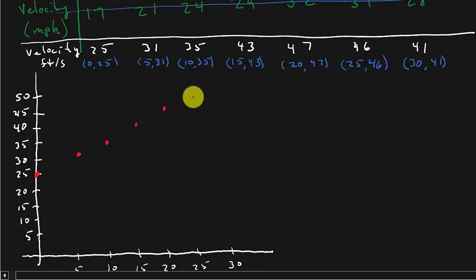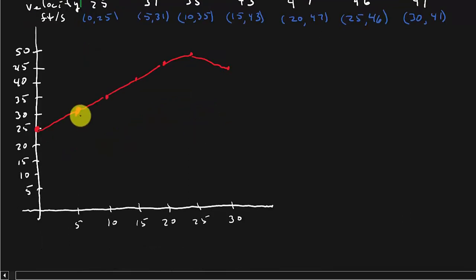So 2546 and then 3041 is about right there. And so you can see this is what I have.